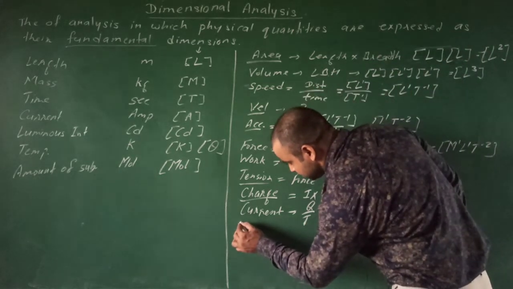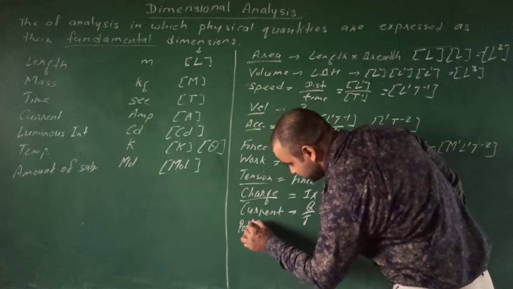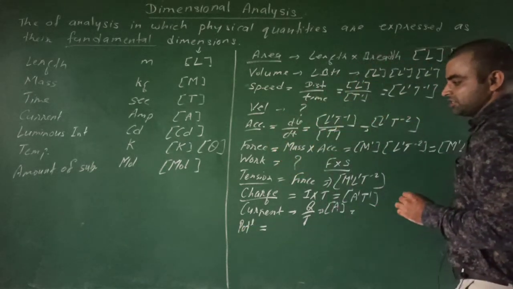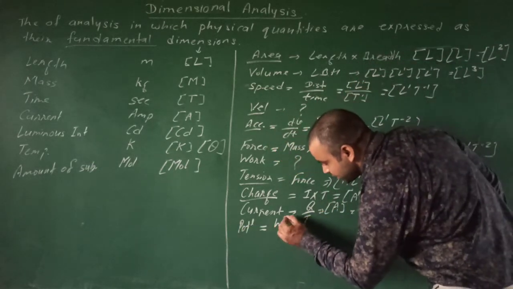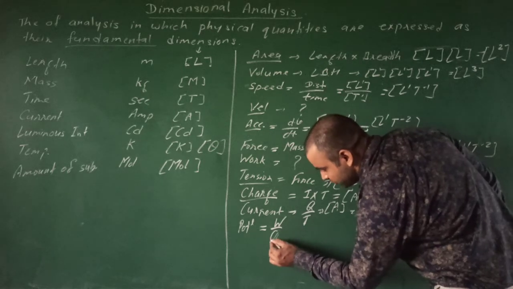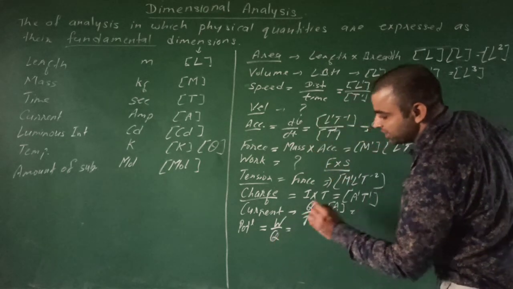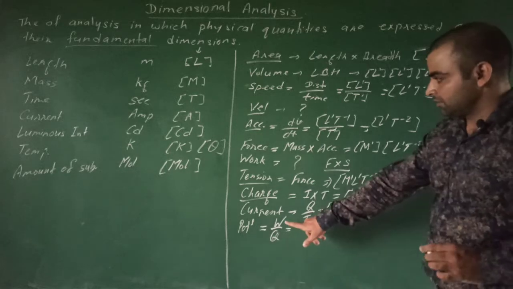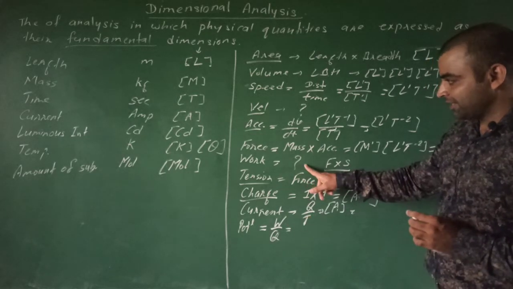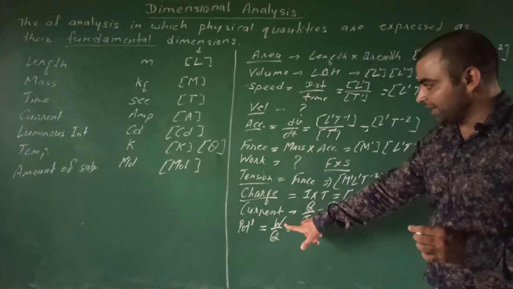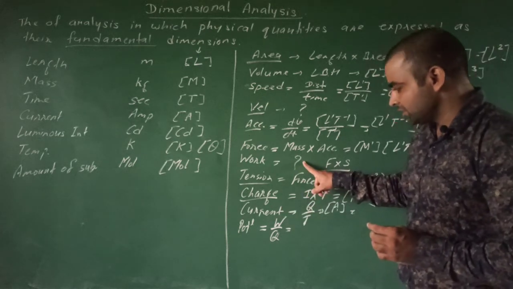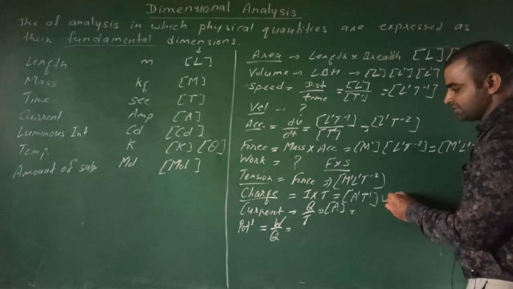Next, potential. What is potential? Work done in bringing a charge from infinity to that point, W by Q. You have to find the dimension for work and here is the dimension for charge.